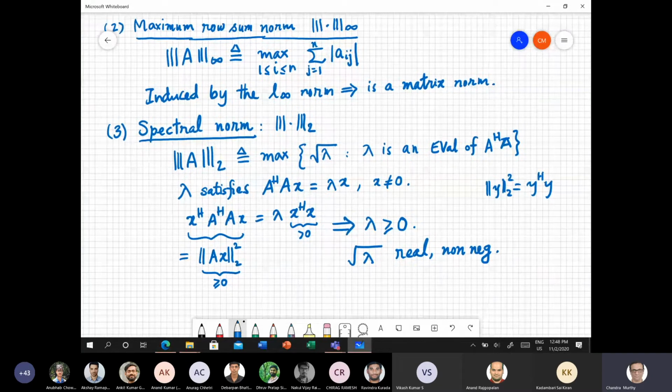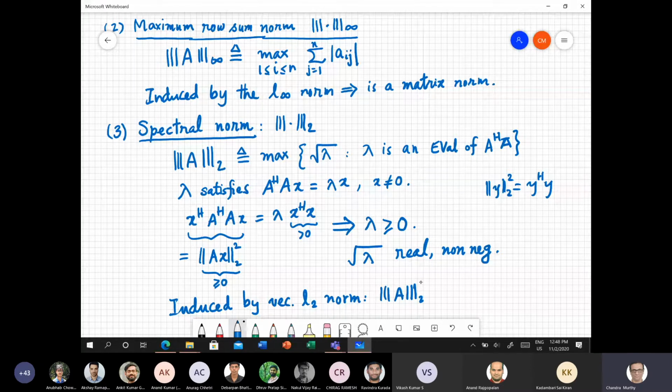Now this particular norm is in fact induced by the vector L2 norm, so that A L2 squared is actually equal to the max over all x with L2 norm equal to 1 of Ax L2 squared.